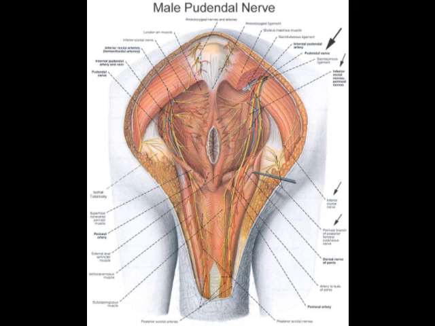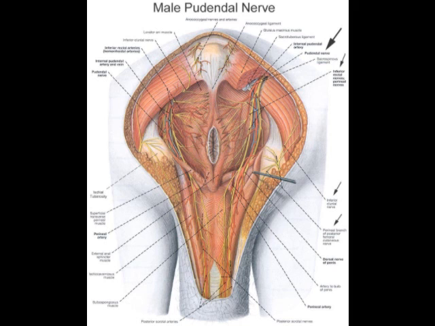And those superficial perineal nerves, you can see it branches to the right, to where the penis is. That's actually the bulbospongous muscle there.